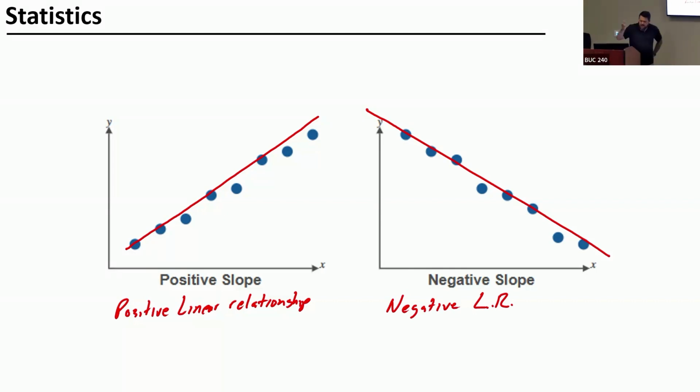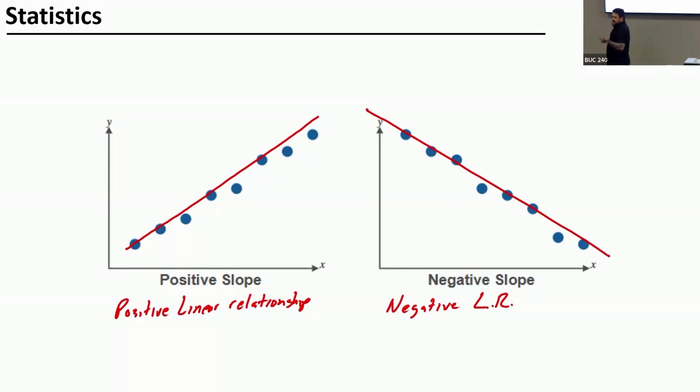Now, first off, look at it. On the positive, what's happening to the x values? They're increasing, exactly. So what's happening with the y values on the positive slope? They're also increasing. So on your positive slope, as x increases, y increases with it.